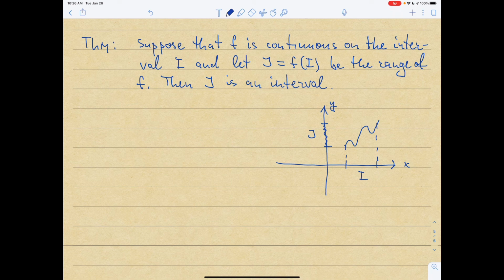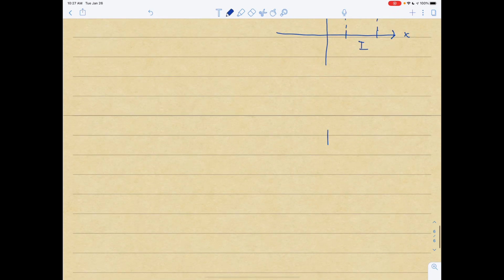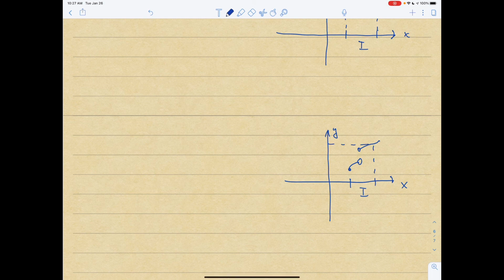How can we prove something like this? Now, clearly, of course, if the function was discontinuous, if we had a picture like this instead, so let's say I again, and maybe J is going to be like this, then in this case, of course, you do have a range that consists of two intervals, right?